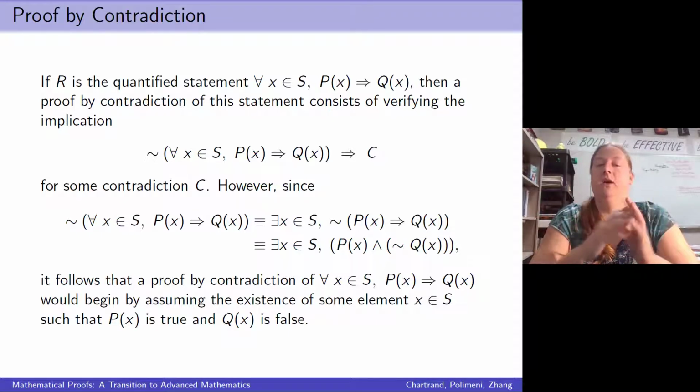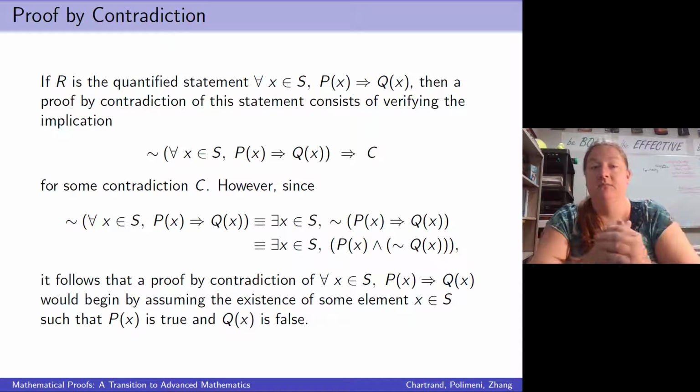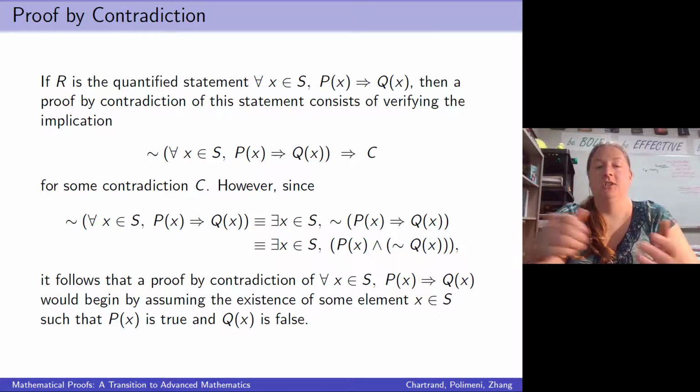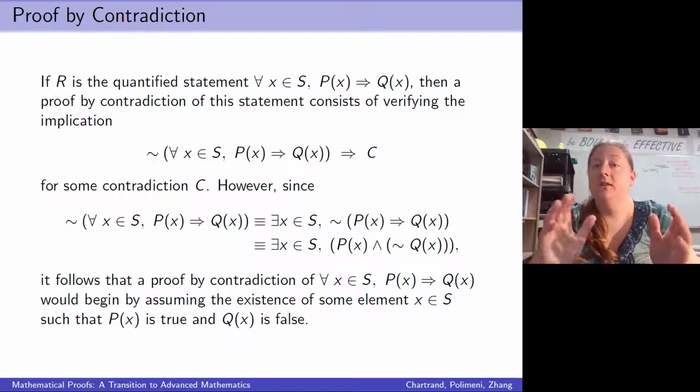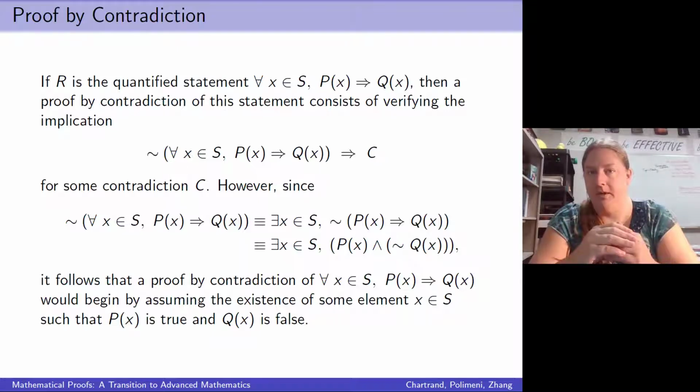So say R is this quantified statement, for all X in S, P of X implies Q of X. So a proof by contradiction would look something like not this, not R, right? Not this whole statement. And we're showing that it implies a contradiction. So let's talk about what not R actually says. We've got not a universal quantifier, so it switches over to an existential quantifier.